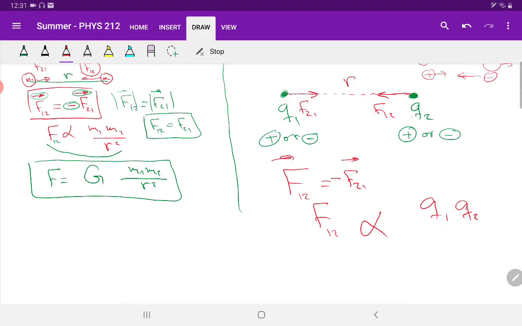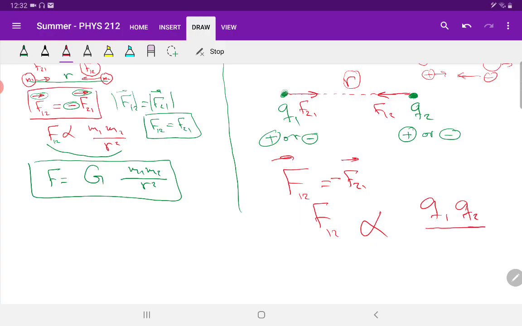We also have another parameter that controls this, which is the distance. If they are close or far away, this also affects the magnitude of the force. So the force is affected by the distance between these two charges, and also by the magnitude of the charge of each one of them, or both of them at the same time.